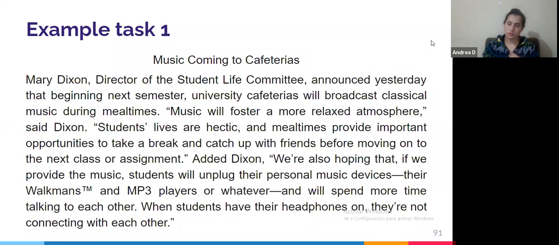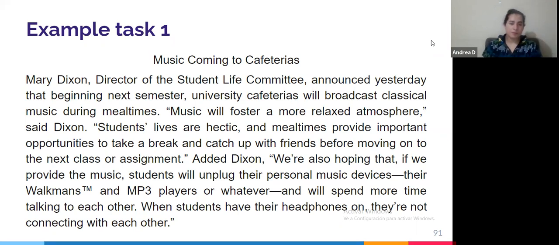Students' lives are hectic, and mealtimes provide important opportunities to take a break and catch up with friends before moving on to the next class or assignment, added Dixon. We are also hoping that if we provide the music, students will unplug their personal music devices, their Walkmans and MP3 players or whatever, and will spend more time talking to each other. When students have their headphones on, they are not connecting with each other.